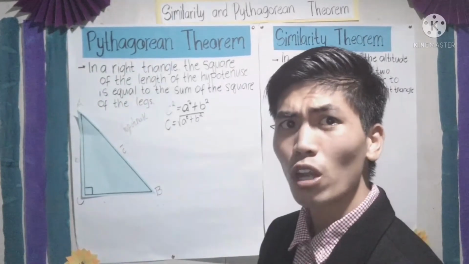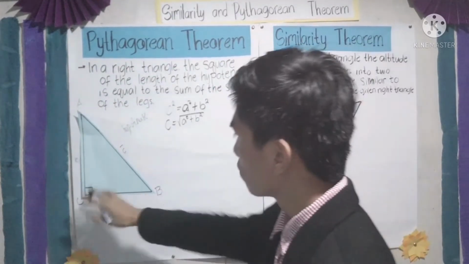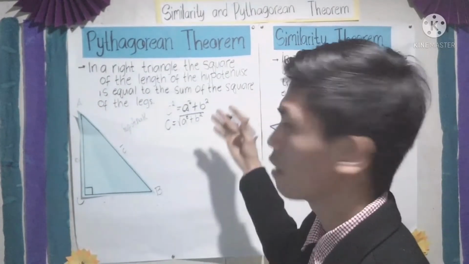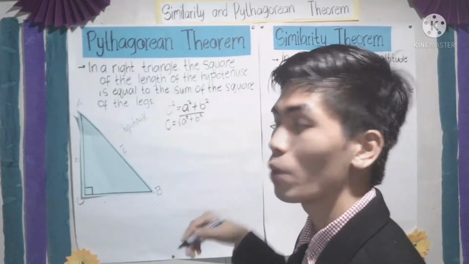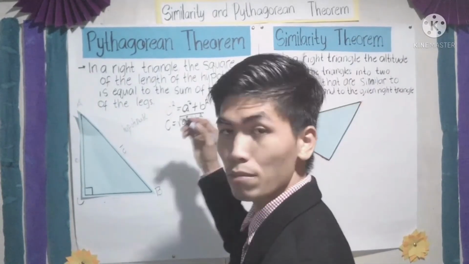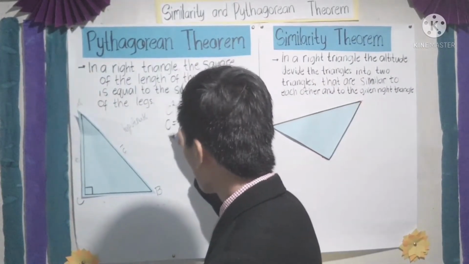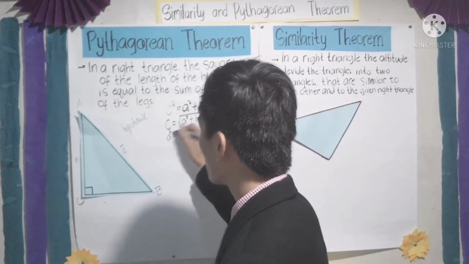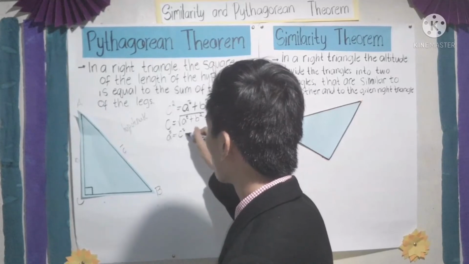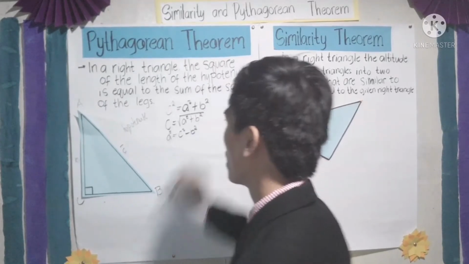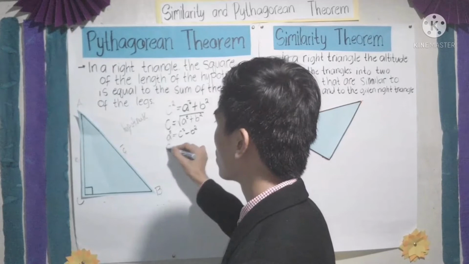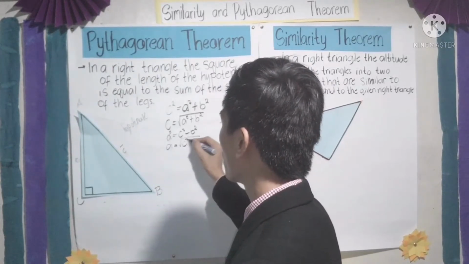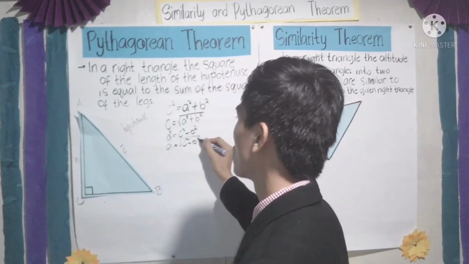What if we are looking for the value of a? We derive the formula: a squared is equal to c squared minus b squared, so a equals the square root of c squared minus b squared.